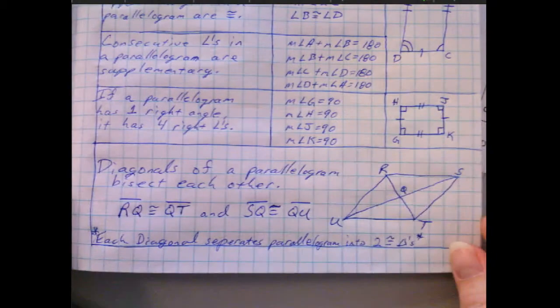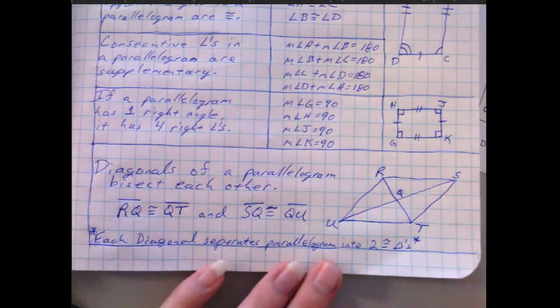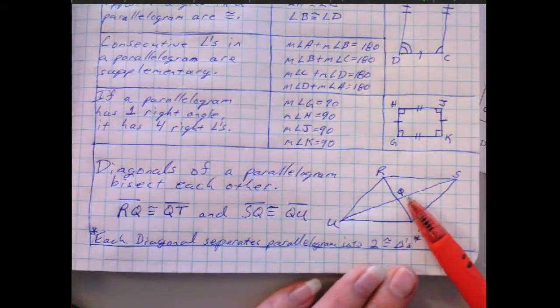Alright, this next piece is about the diagonals. So we have the diagonals for our parallelogram. They bisect each other, and if you remember, bisecting means that they cut them into equal parts. So QR is equal to QT. It has been bisected.